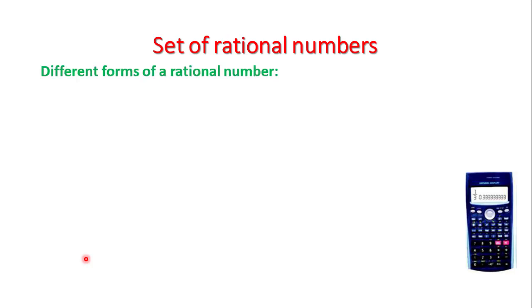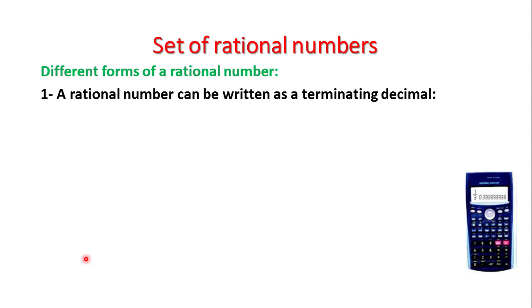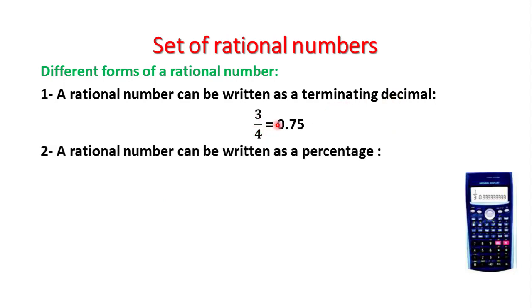We have different forms of rational numbers. The first one is terminating decimals, such as 3 over 4. 3 over 4 is 0.75. Sometimes we can write them as a percentage, as we did before in the last example.